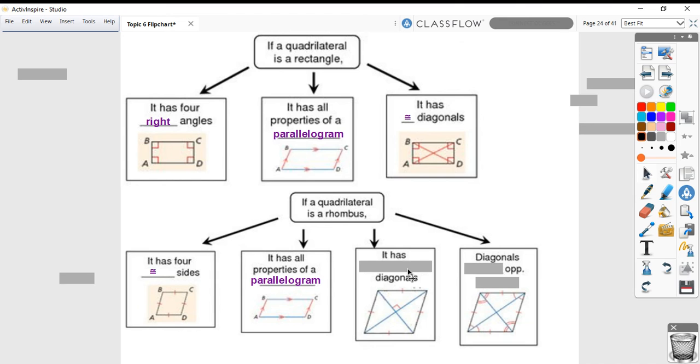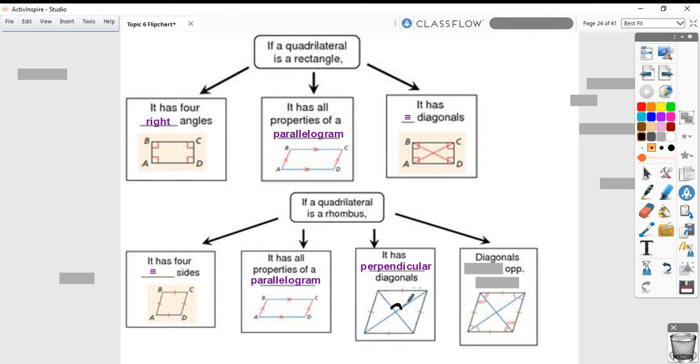The last two things on a rhombus is about the diagonals. The first says that a rhombus has perpendicular diagonals, and that did not print off very well on your sheet. So make sure you draw in, and you can tell that that's supposed to be the little square down in the corner. That means it's a perpendicular right angle. Okay?